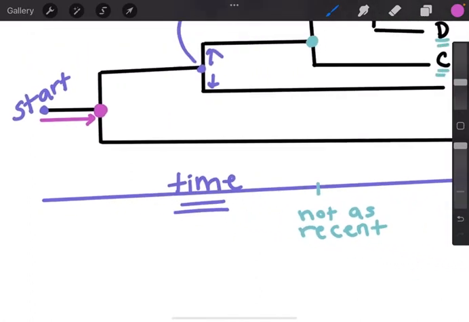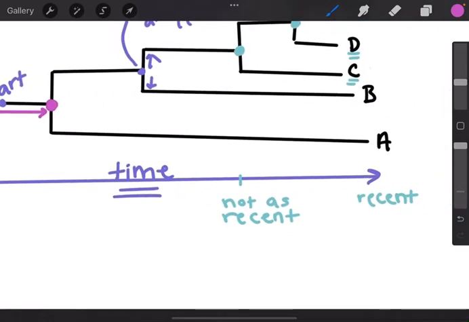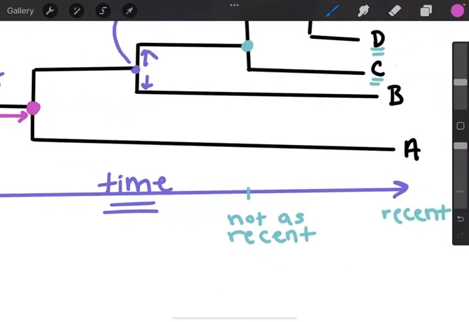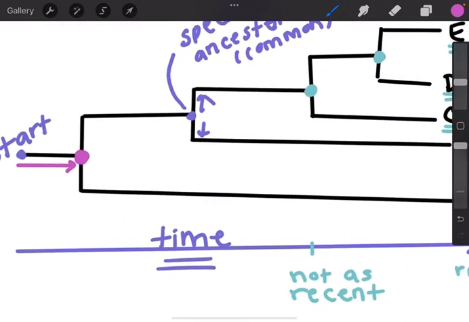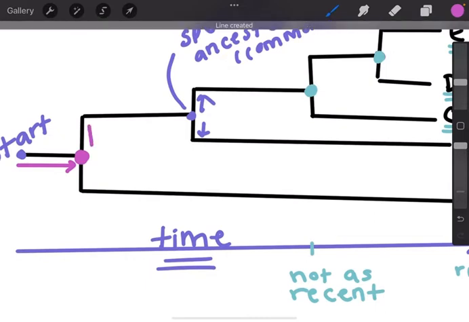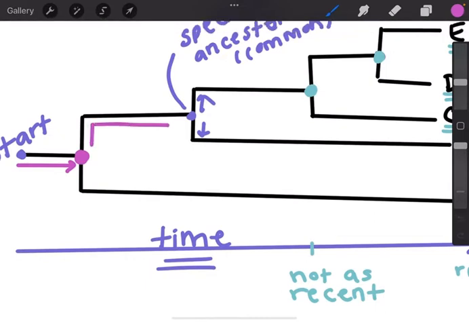An outgroup is essentially the first species to arise from a speciation event that stays the way that it was. So if we're looking here, if we go up and then we go to the right, there's another node, right? So there's not going to be an outgroup there.